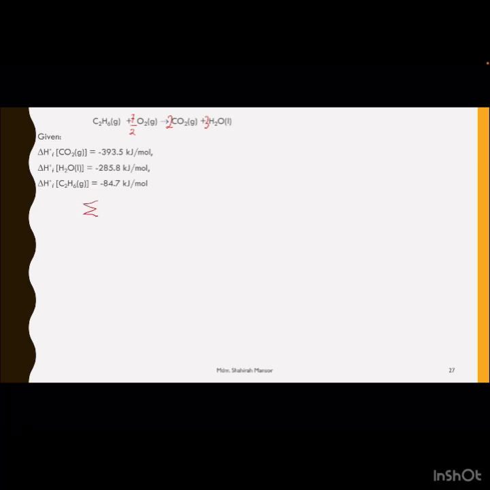So, delta H reaction equals summation enthalpy of formation of products minus summation enthalpy of formation of reactants. So this is our main question. We are going to find the standard enthalpy of reaction.